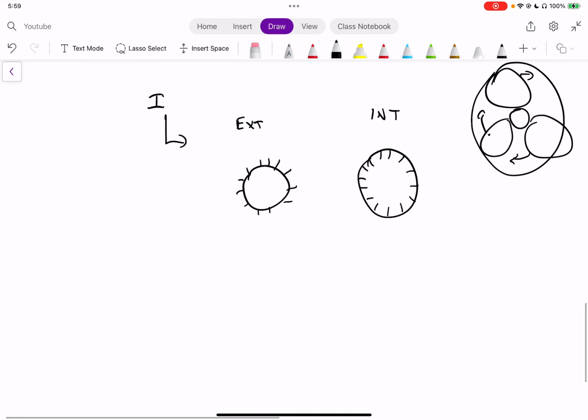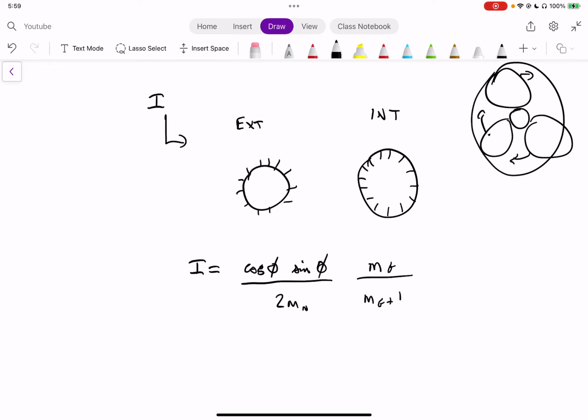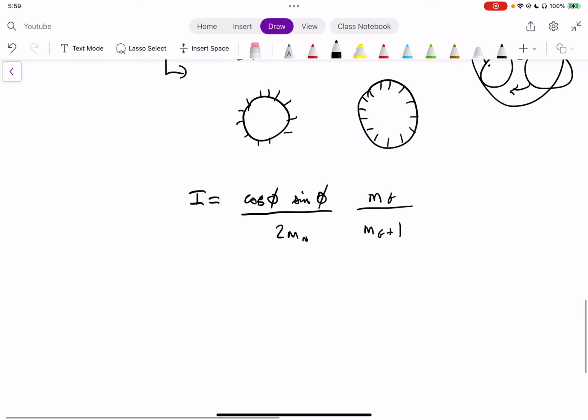So I, from the formula sheet for external gears, is equal to cosine of phi sine of phi over 2 m sub n times mg over mg plus 1. And remember that mn is going to be equal to 1.